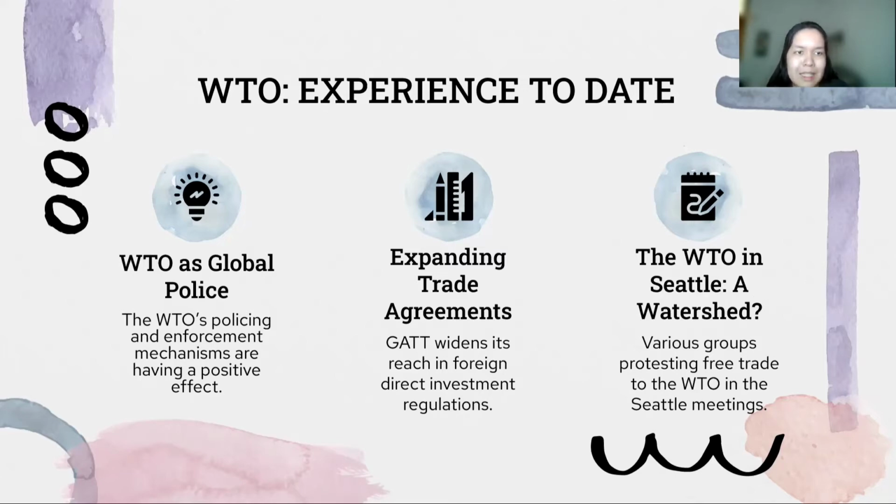This led to various groups taking advantage of the Seattle meetings to protest and voice their opposition, such as arguing that lower tariffs on imports of lumber from developing nations will stimulate demand and accelerate the rate at which virgin forests are logged.